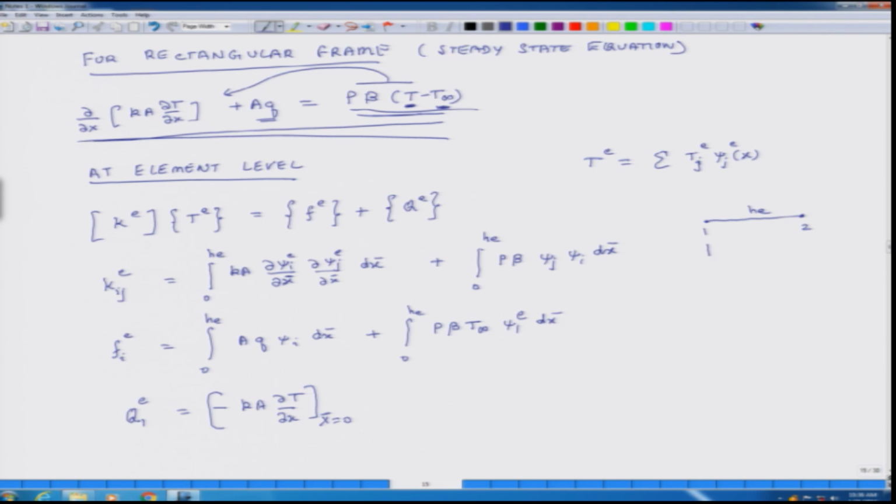This is my local coordinate system, x bar is 0 here and it is He here, and Q2E equals K A del T over del x at x bar equals He. So these are the element level equations.